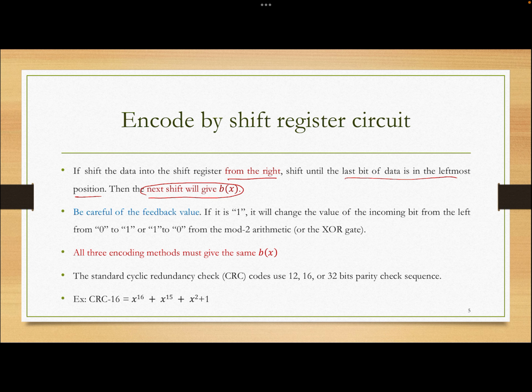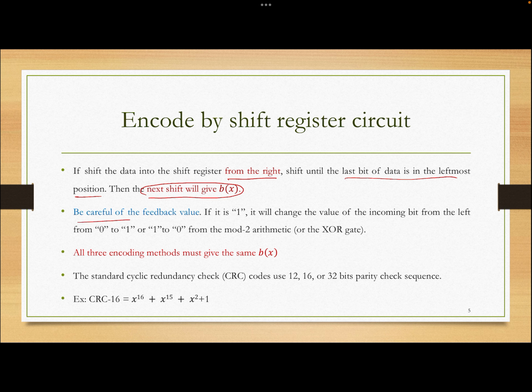So after the last bit of data comes in, that shift will give you the parity check polynomial. You add the parity polynomial to x to the n minus k times u(x), and you get the code polynomial, okay?